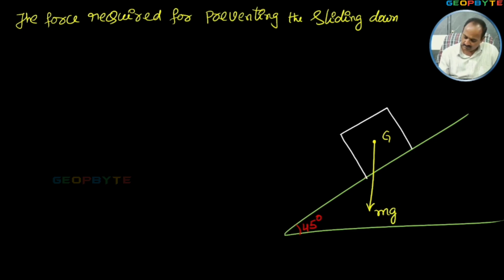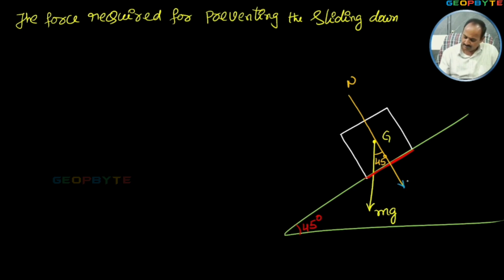Look at the contact surface. Normal to that contact surface, the normal reaction is developing like this. This is the normal reaction. Then this is the 45 degrees. Here mg is acting at an angle of 45 degrees with respect to the normal reaction line.